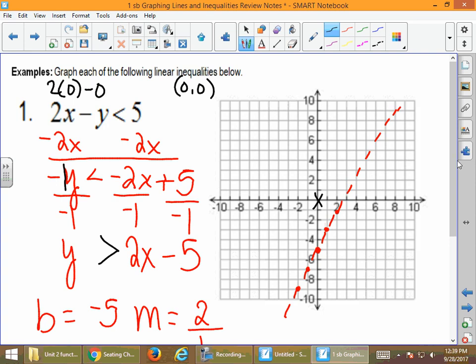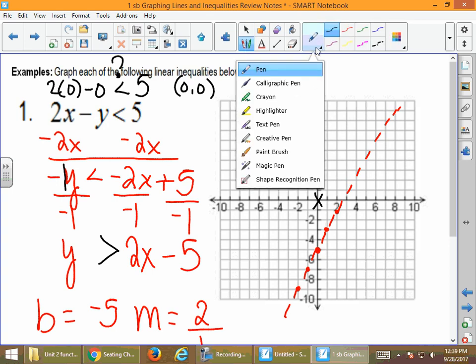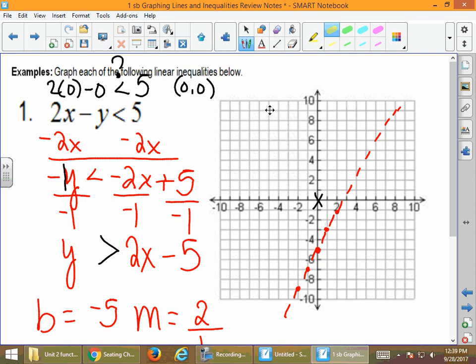We put 0 back in for x, we put 0 back in for y. And the question is, well, does 2 times 0 minus 0, is that value less than 5? Is 0 minus 0 less than 5? Yes. And because that makes a true statement, where we shade here is where 0, 0 is.